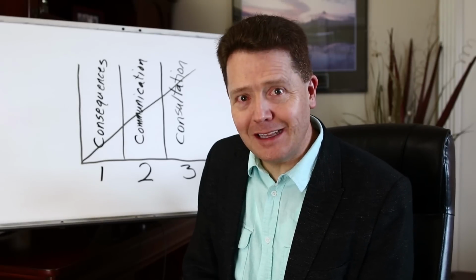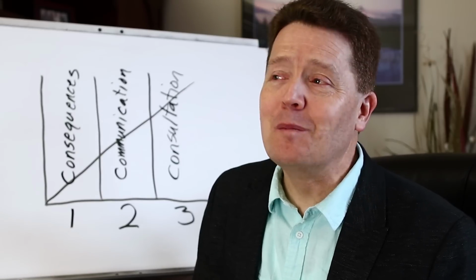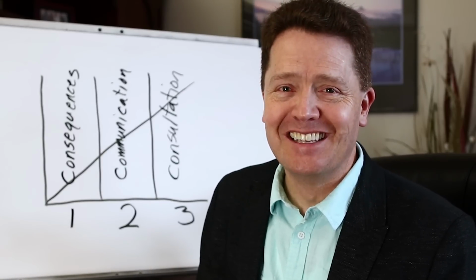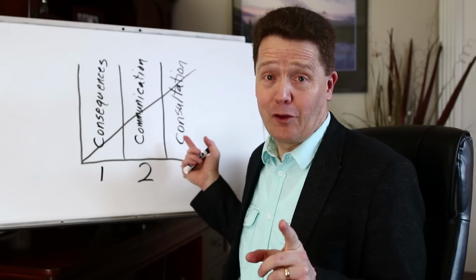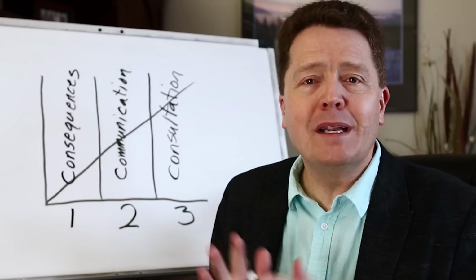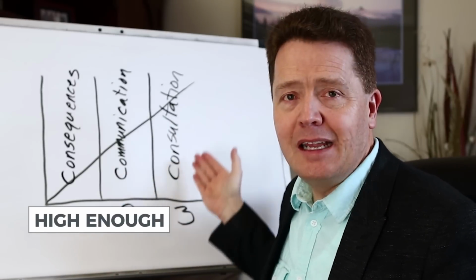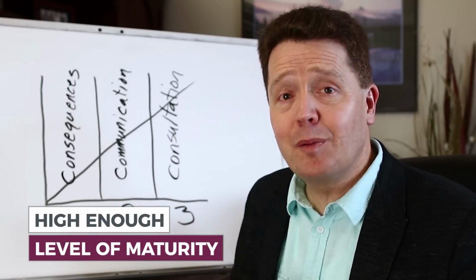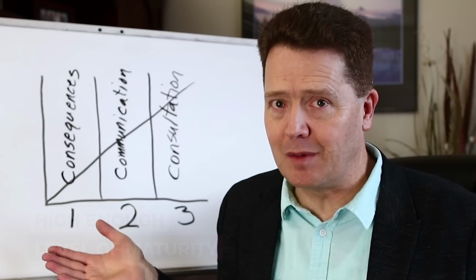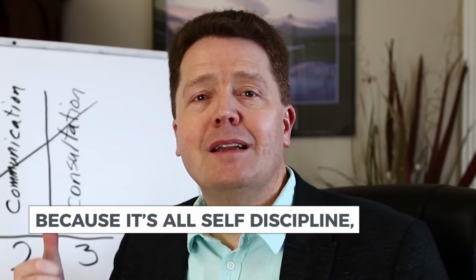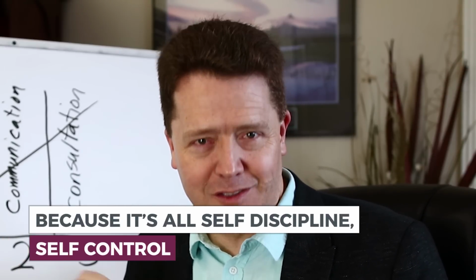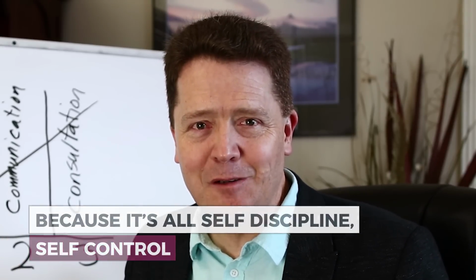Right. Do kids ever do that? Yes, they can. But maybe then they go home to their own 5 kids. I think kids can learn to be on stage 3 before they're 35. But the whole point is at stage 3, there's a high enough level of maturity that you as a parent, you don't have to do very much in terms of discipline, because it's all self-discipline, self-control. Does that sound like the same thing to you?